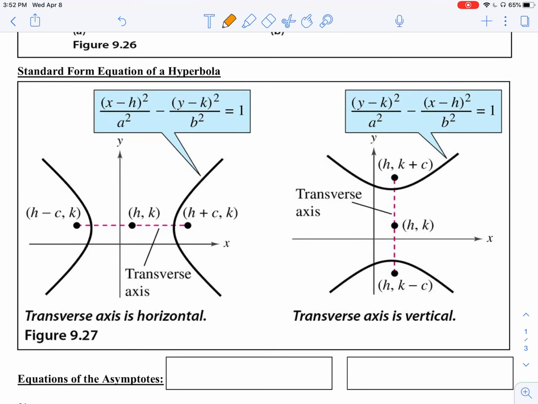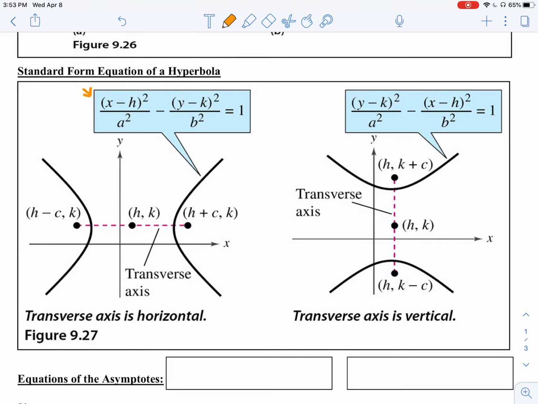The fact that we are subtracting these terms means that which term is positive makes all the difference in terms of what our hyperbola is going to look like. Specifically, if our x term is positive, we will see that our transverse axis, which again is the axis that runs through the center, our vertices, and our foci, is going to be horizontal.